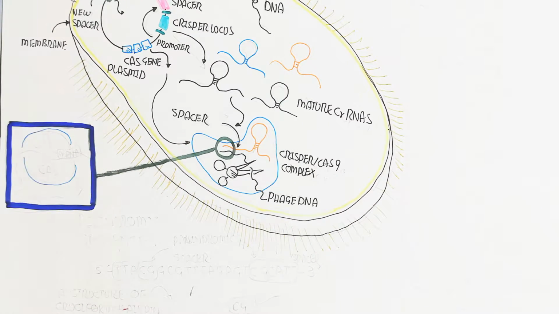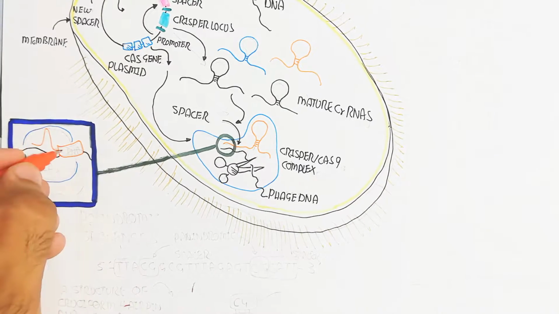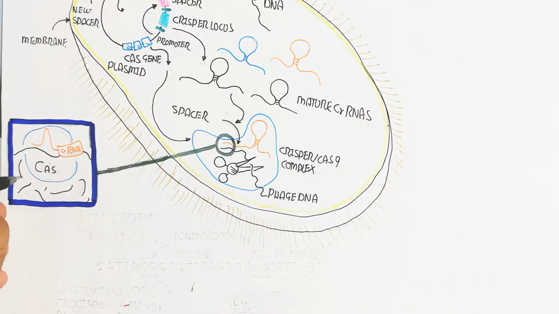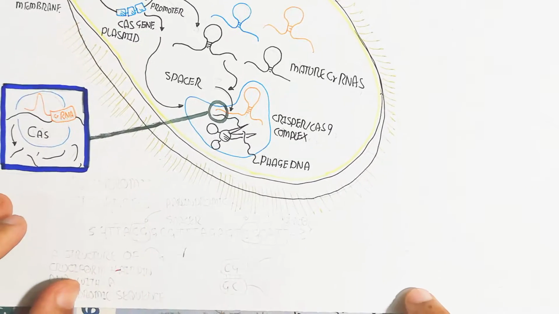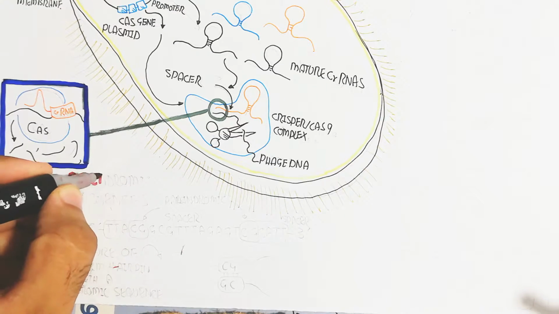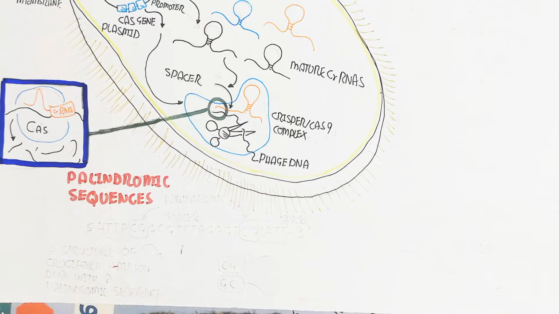Remember, the spacer will produce RNA that looks like a hairpin. In this way, the phage DNA is degraded, and this degradation clears the pathogenicity of the bacteriophage.